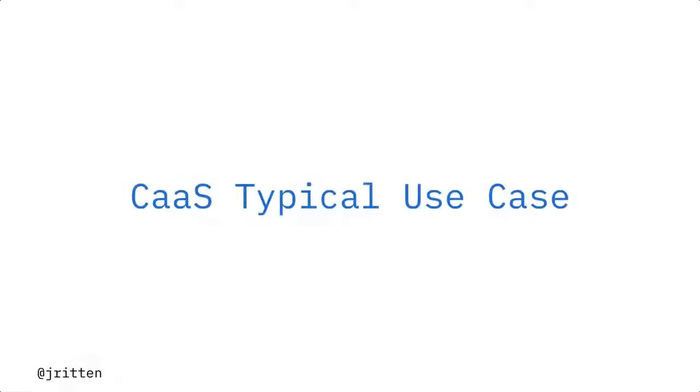So a container as a service typical use case, what does that look like? I included a link in the slides as well, but we have an ExxonMobil use case. The business challenge here was ExxonMobil needed expert design guidance and powerful cloud infrastructure to bring an idea for a smartphone app to fruition and provide a secure, streamlined user experience.